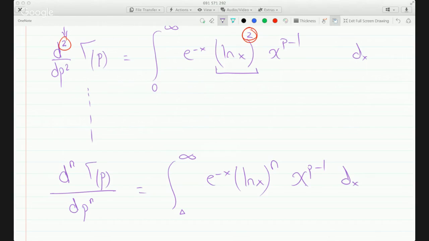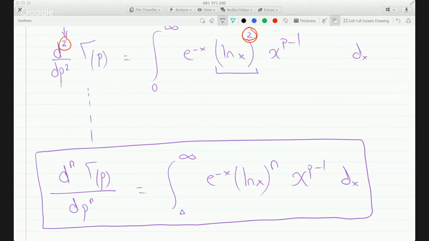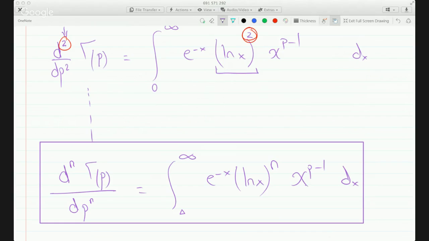So this proves the second equation. Questions on that?